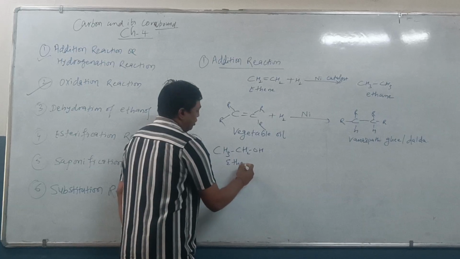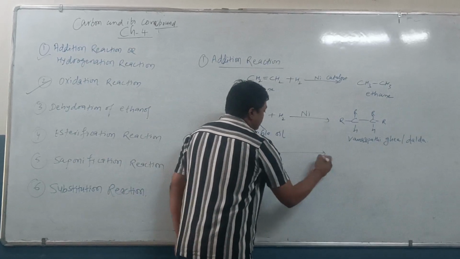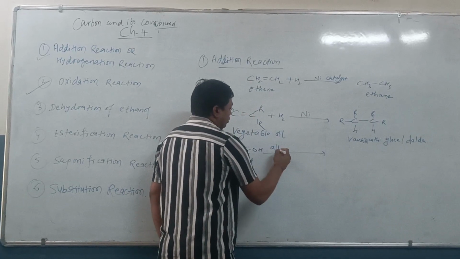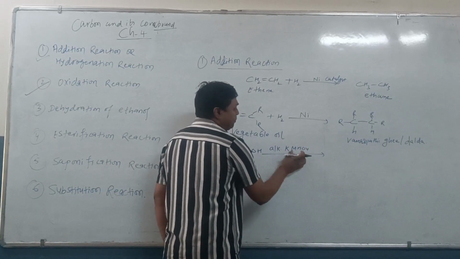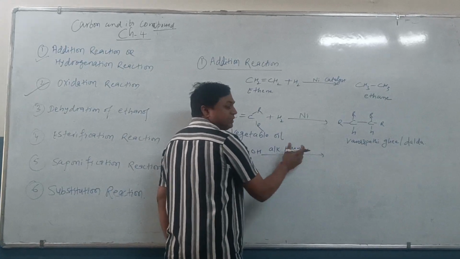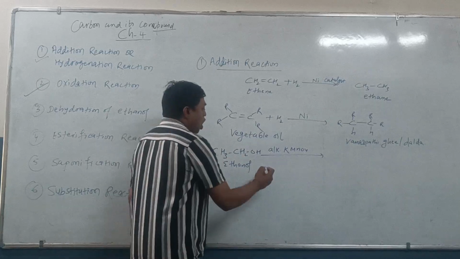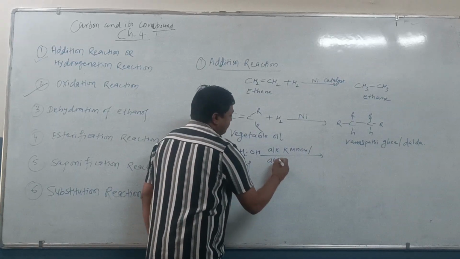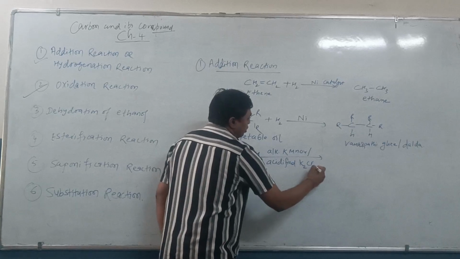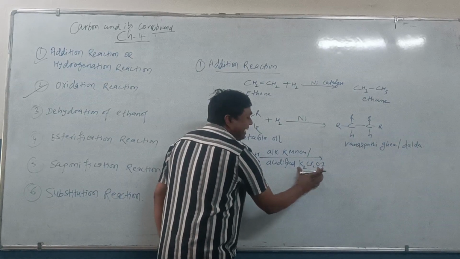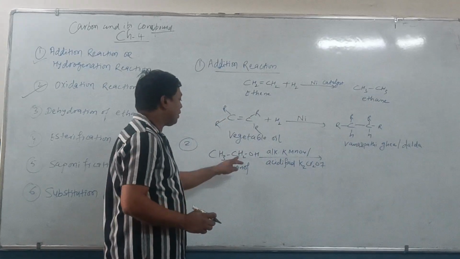When you add alkaline KMnO4, potassium permanganate, 5% actually, or you have to add acidified K2Cr2O7, potassium dichromate.